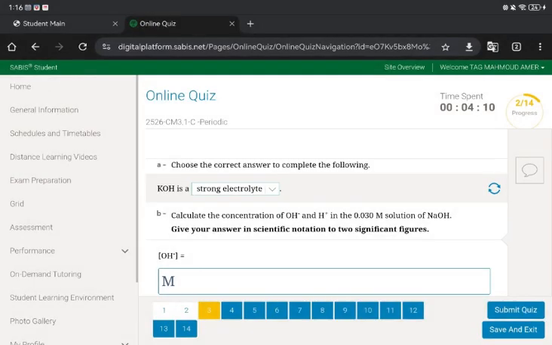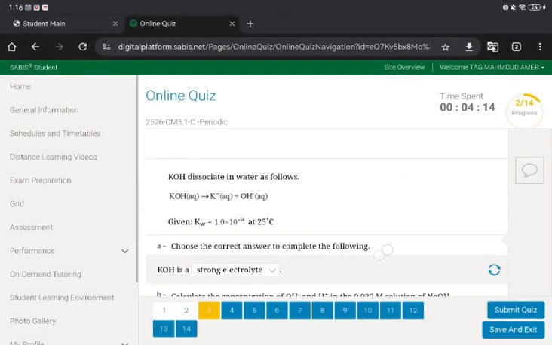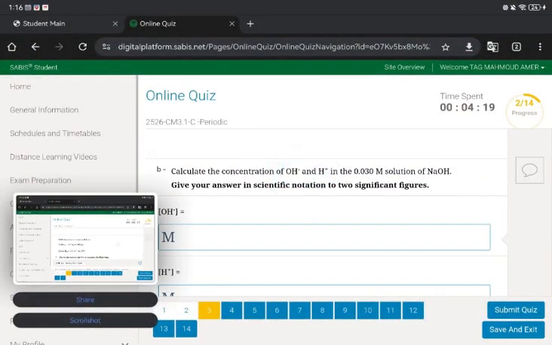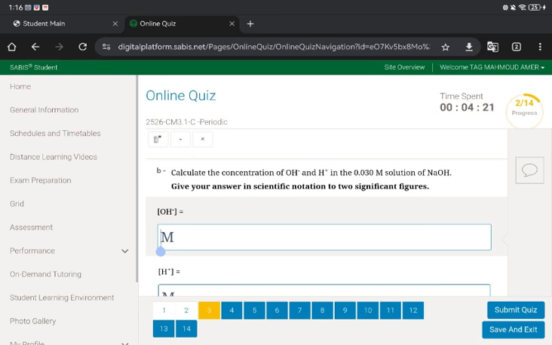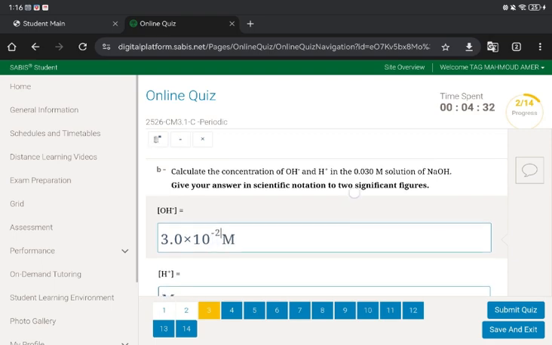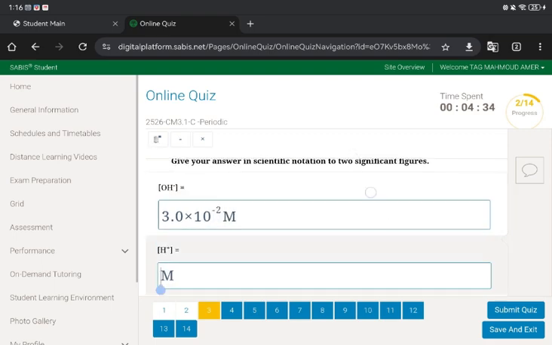So if the NaOH is 0.03, the OH minus is 0.03, and they already give you KW again like the last time. So you already have OH, just put it in. So it's 3.0 times 10 to the power of negative 2. And then H plus, you have to find it.